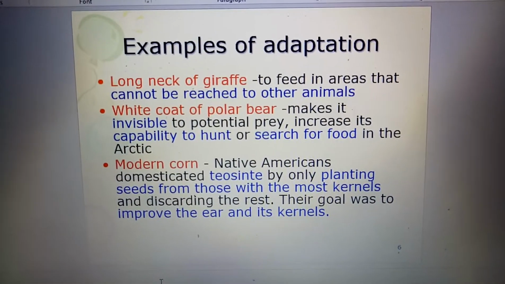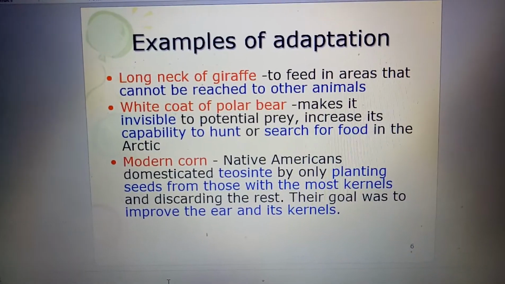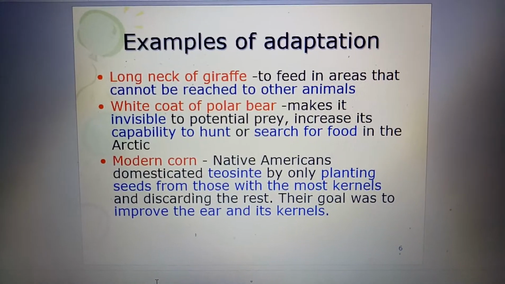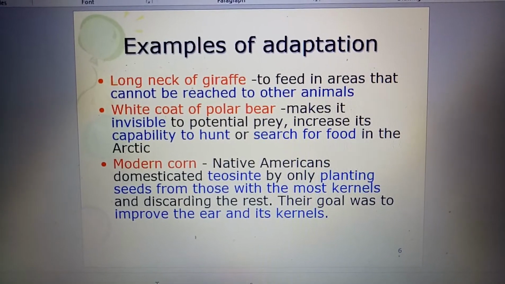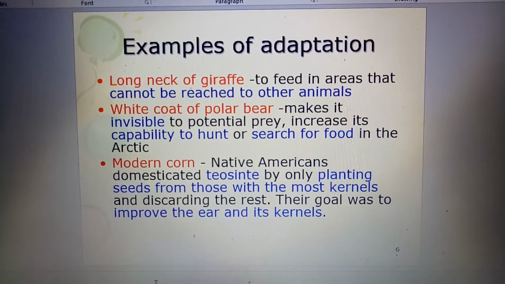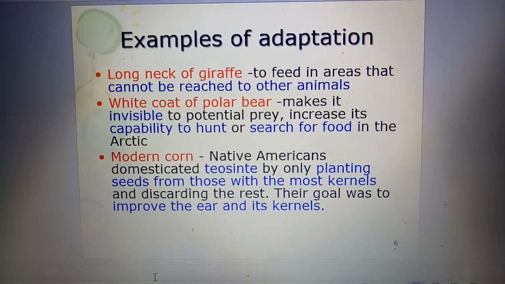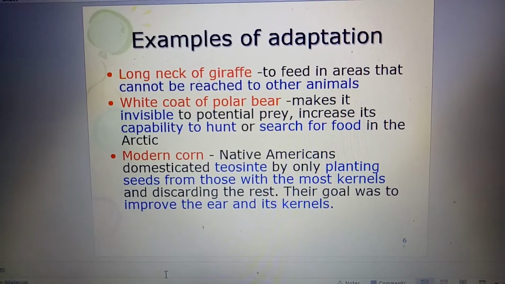Examples of adaptation, as I told you before, are the giraffe itself, about their neck. The long neck lets the giraffe reach areas that cannot be reached by other animals. Meanwhile, the white coat of the polar bear makes it invisible to potential prey, increasing its capability to hunt or search for food in the Arctic.